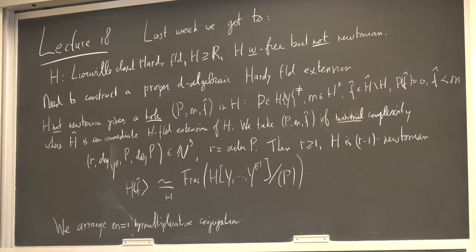But for now, it's just M is 1, which means that F hat is infinitesimal. F hat strictly dominated by 1 simply now means F hat is infinitesimal.